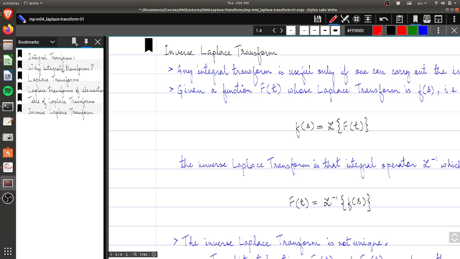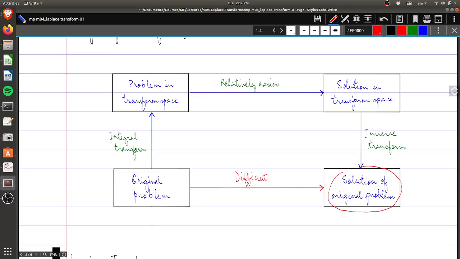I have the original problem, and I want to find the solution to it. To find the solution, we do a Laplace transform of the original problem, which takes it to the transform space, and from there you find the solution in the transform space. But if you don't know the inverse transform, you will be stuck over here. You will not be able to come back to the original domain. Is this understood?